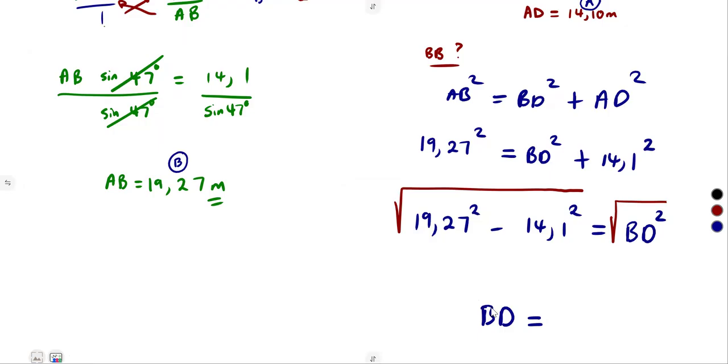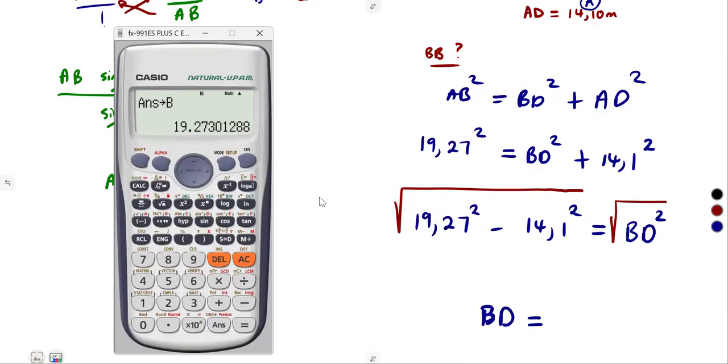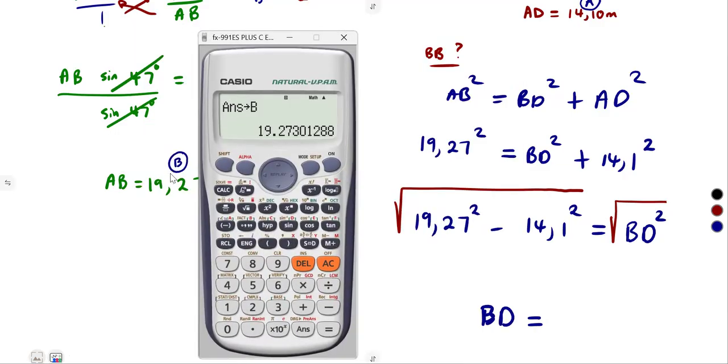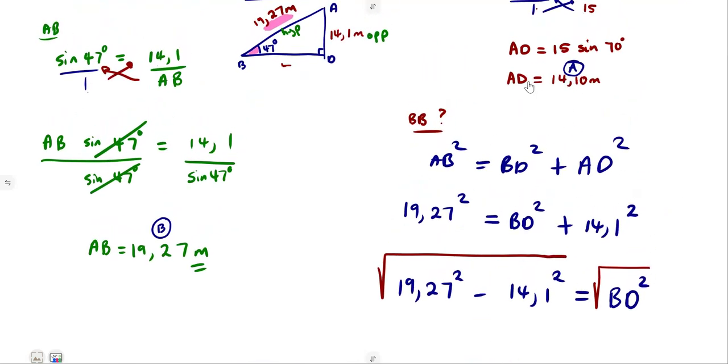Since we are to use the most accurate values, we are going to use exactly those values that we had to store. Remember, we stored the 19,27 value in B. So I'm going to put it like this: square root of what? Recall B, where there is that 19 comma something, and square it, minus the 14,1. Remember I had to store this value in A, that was our AD.